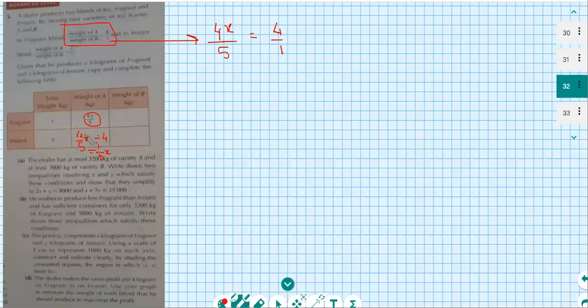So this should be written here, weight of B in this column. 4 over 5x for A, so the remaining weight will be 1 over 5x, obviously.